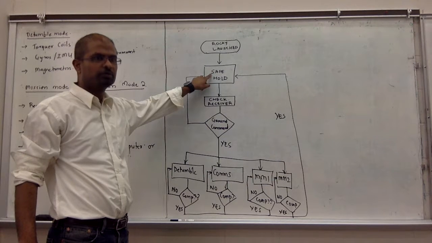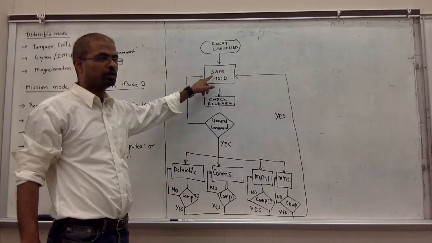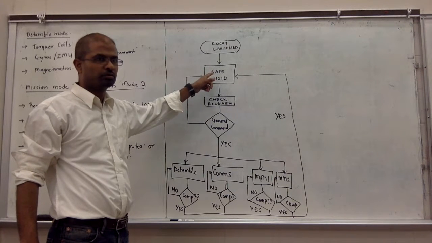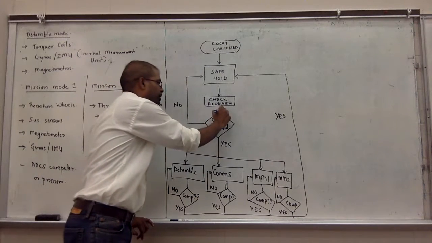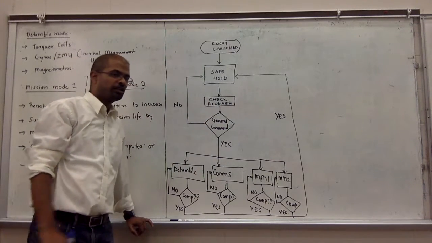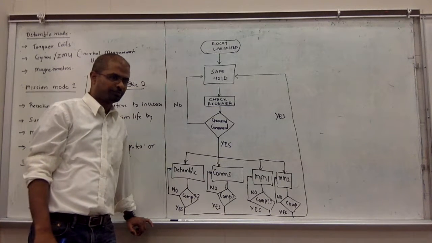Safe mode, or this is the charging mode. It will check the receiver. In the safe mode, it will keep checking the receiver, like you can check your cell phone all the time.